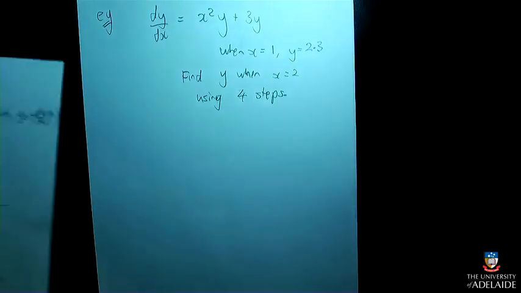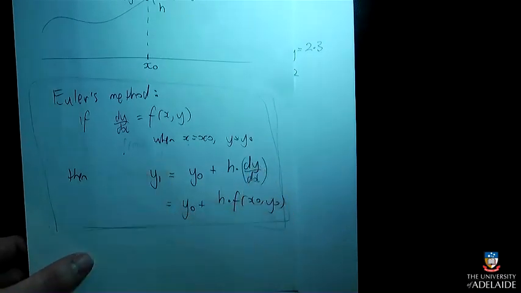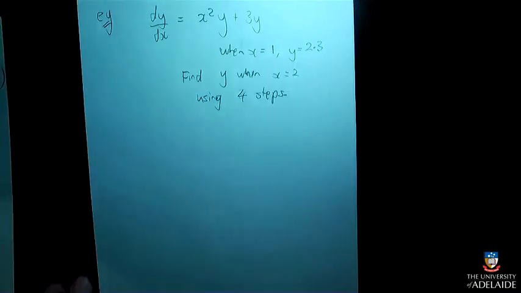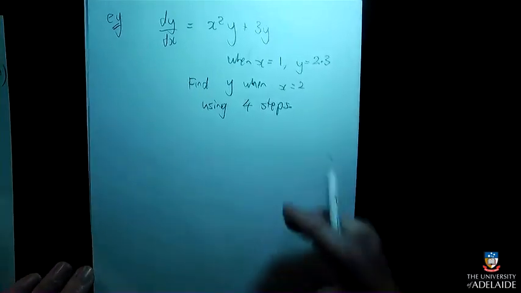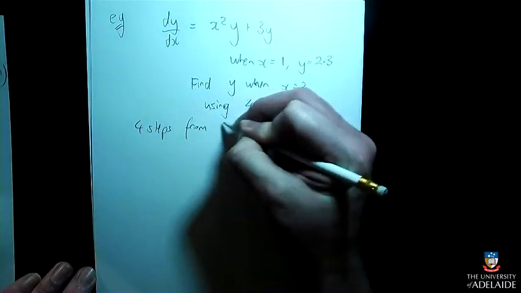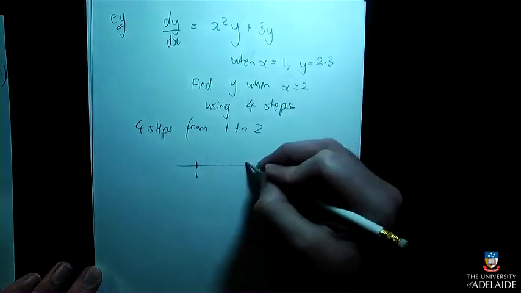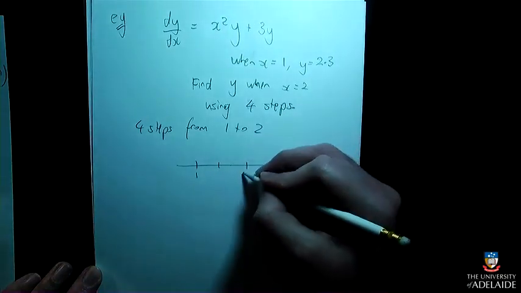What I described here was how to do one step, but Euler's method keeps reusing that same thing over and over until you get where you want to go. So the first part of solving this is to figure out what all of the individual values of x are going to be in the intervening things. So if I'm taking 4 steps from 1 to 2, there's 1, there's 2, 4 steps would be in quarters.